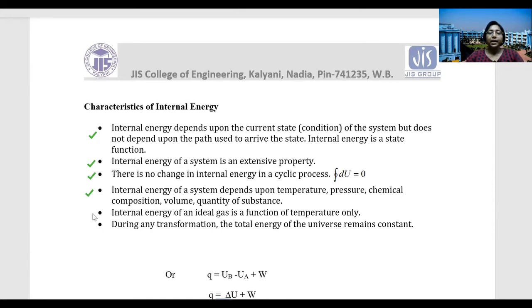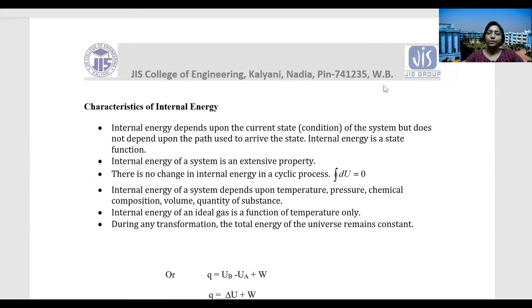Next, the internal energy of an ideal gas is a function of temperature only. Next, during any transformation, the total energy of the universe remains constant. I told you that energy cannot be created or destroyed, it remains constant, only it can be converted into another form.